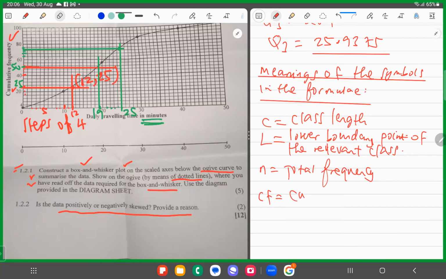CF is the cumulative frequency of the class preceding the relevant class.